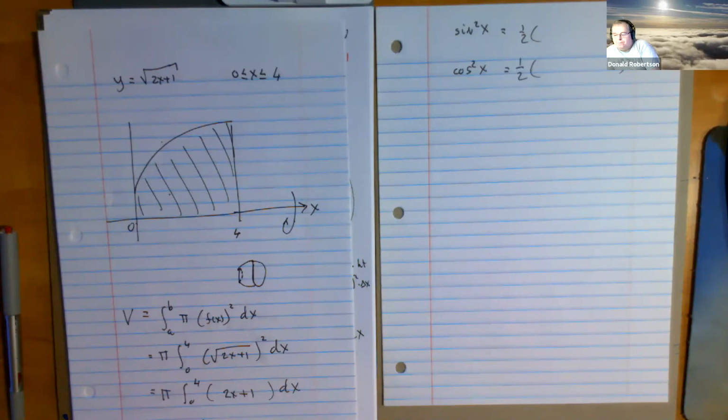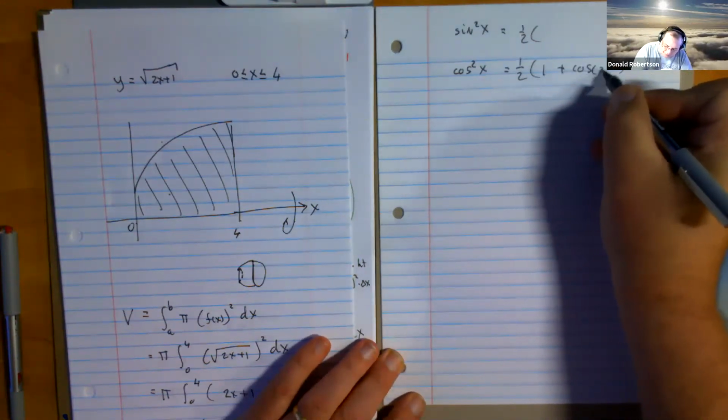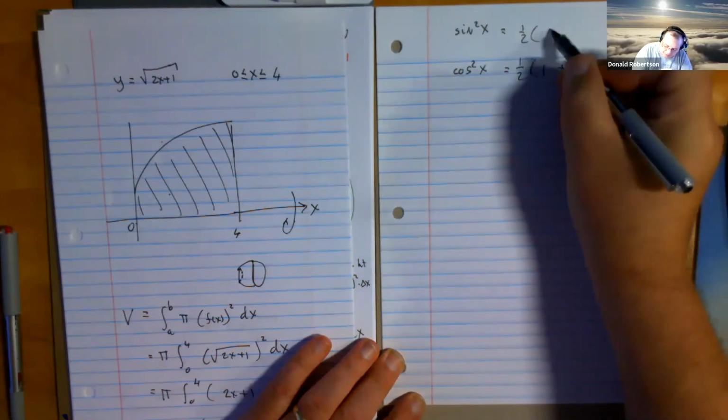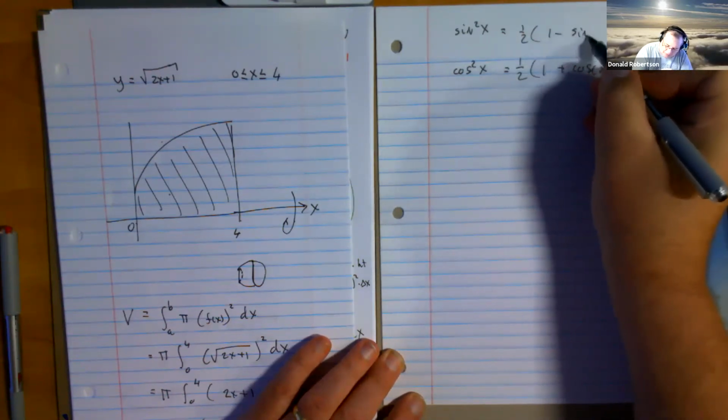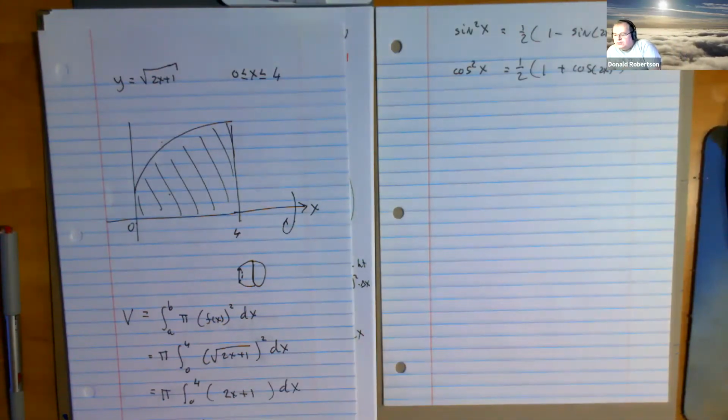Anyone got it? Okay, here it goes. It's 1 plus the cosine of 2x, and this is 1 take away the sine of 2x.